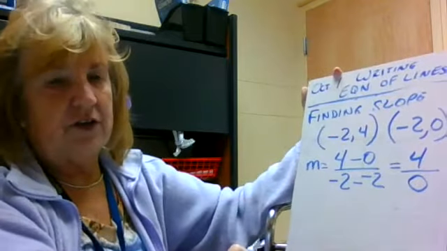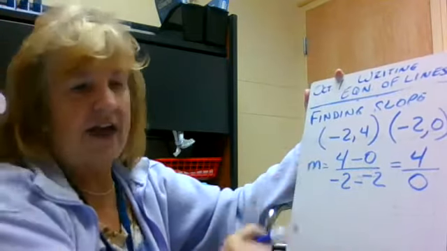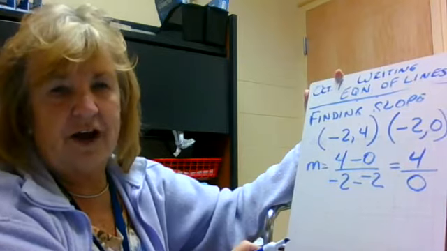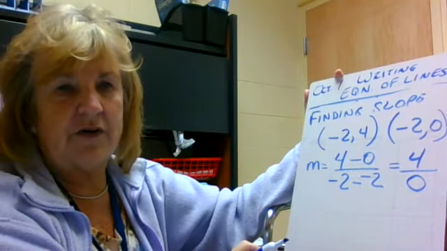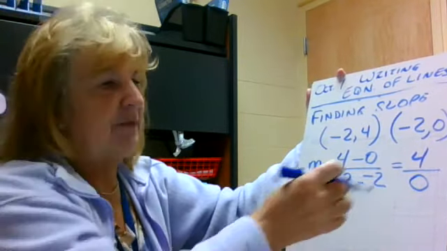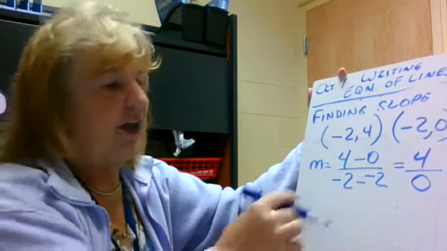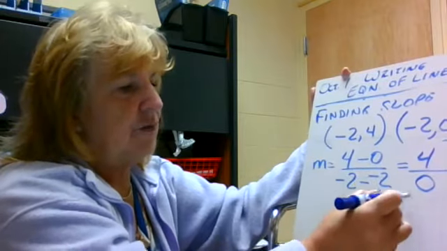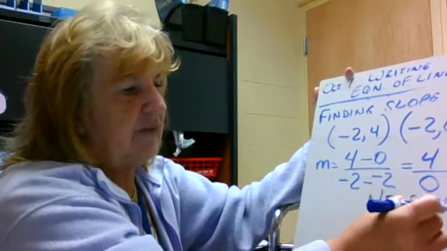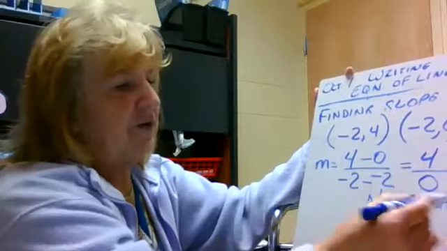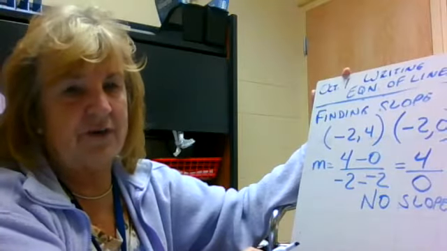Well, another thing that you learned a long time ago was that you're not allowed to have a 0 on the bottom of a fraction because you cannot divide by 0. So that means that this fraction has no value to it whatsoever. So we say no slope. We don't make it 0 because that fraction is not equal to 0.